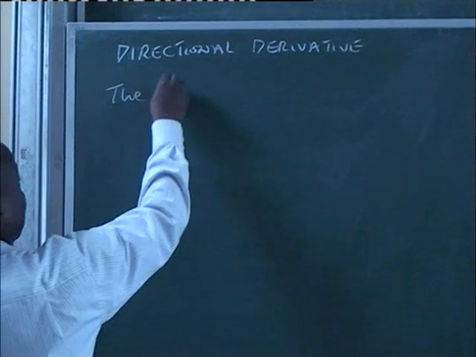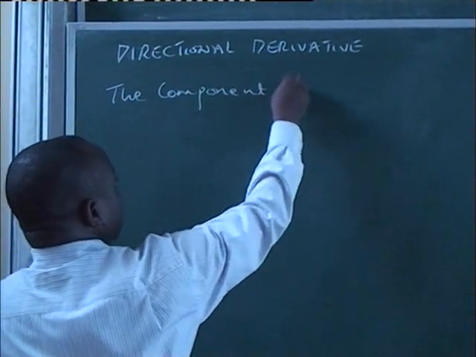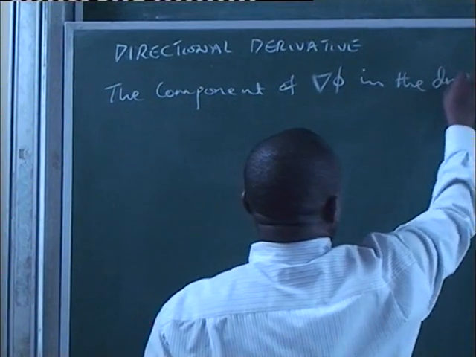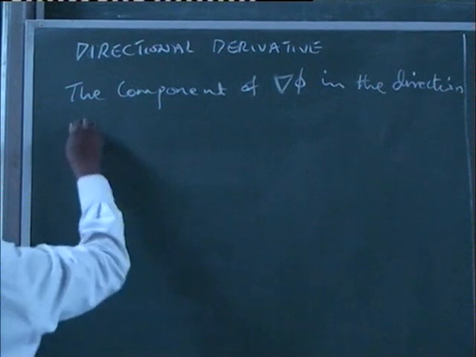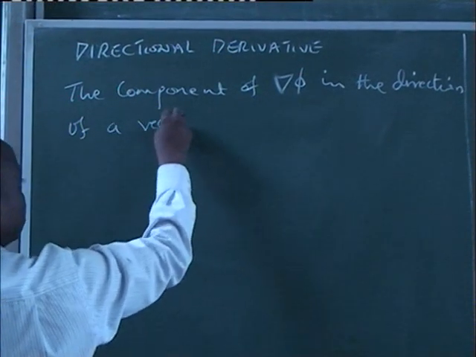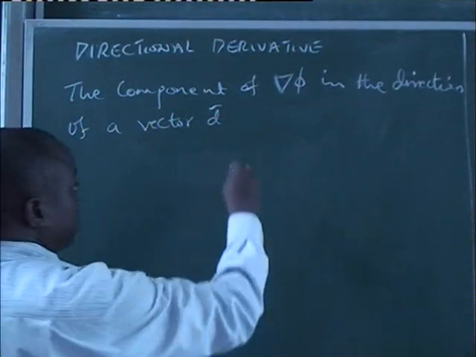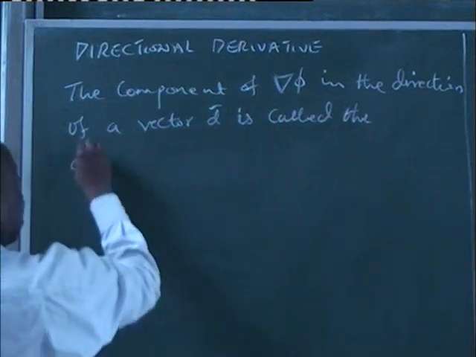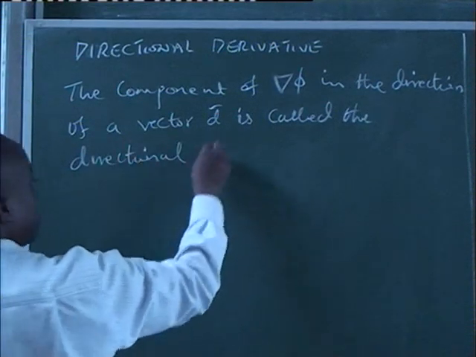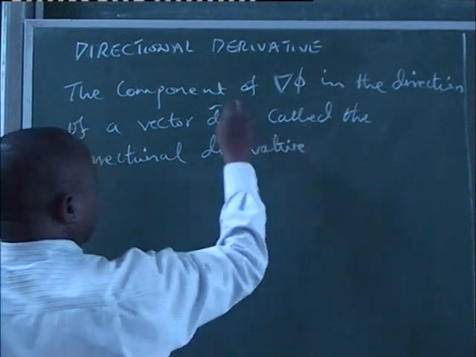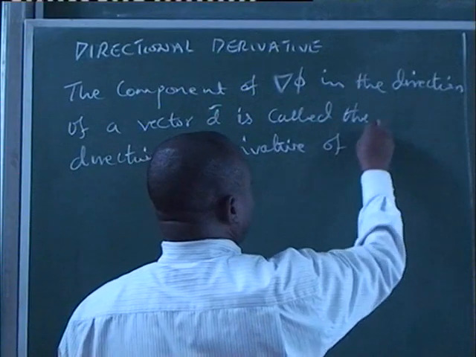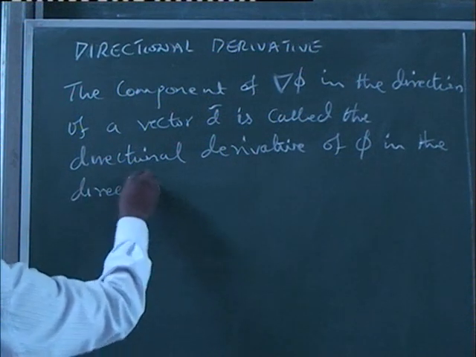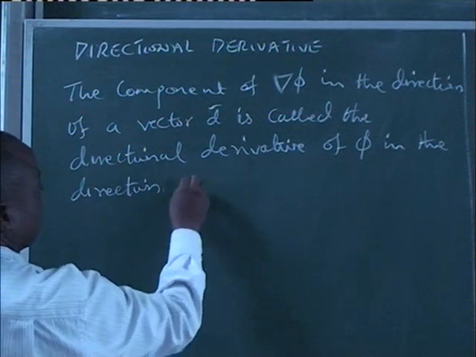And now the components of the phi in the direction of a vector v is called the directional derivative of phi in the direction of v.